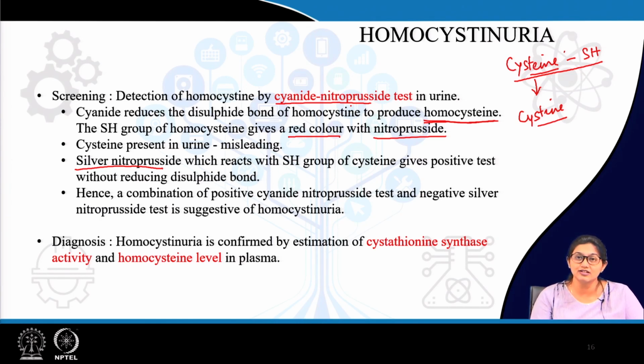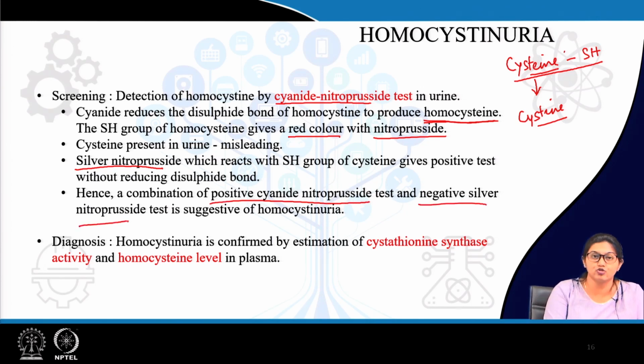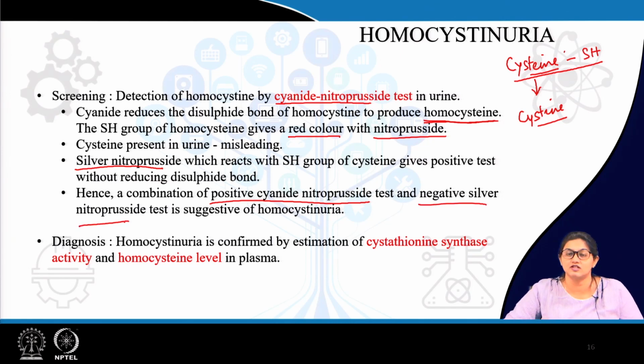So, how to discriminate cysteinuria and homocysteinuria? By doing both tests, the cyanide nitroprusside test as well as the silver nitroprusside test. So, what will be the effect? There will be a positive cyanide nitroprusside test, but a negative silver nitroprusside test in case of homocysteinuria.